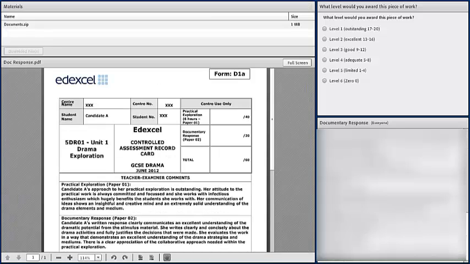Hi guys, well I can see that some of you have had problems accessing the piece of work, and the idea is, as I think somebody commented in the documentary response open question box, was to make that comparison between what the teacher thought and what the student was actually achieving, and they may well be very closely aligned in your view.